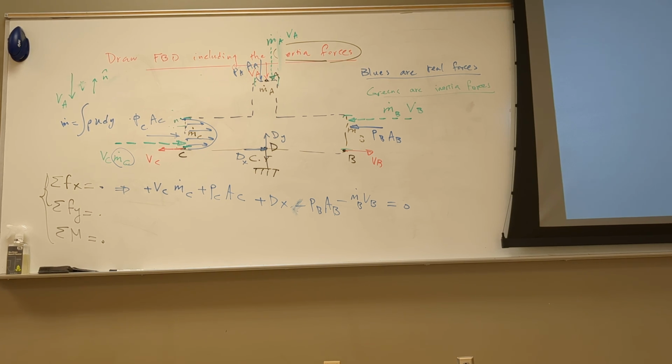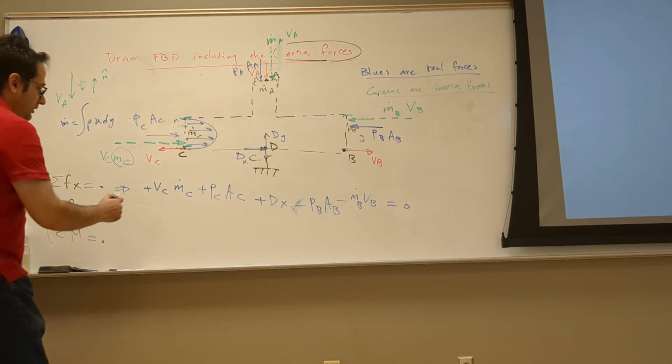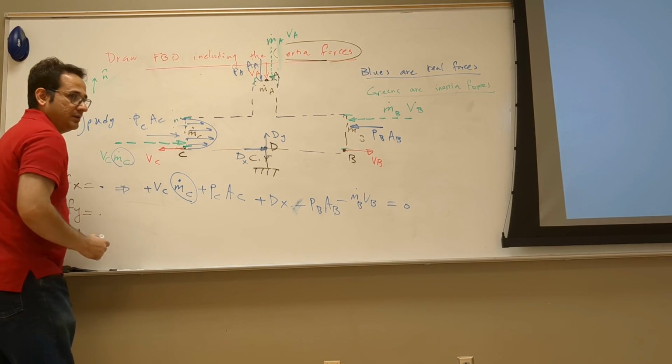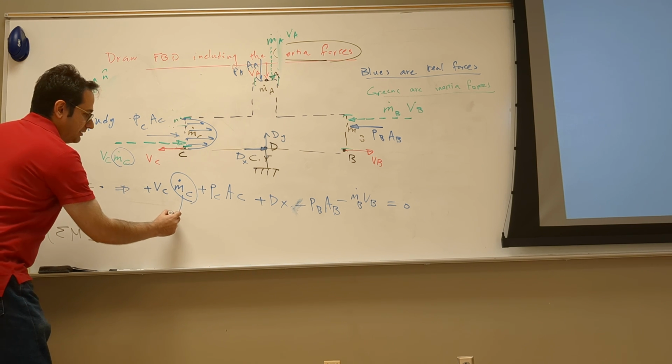Professor? Yes. Now, we do the m dot C VC or the m dot B VB. Do we not include the normal velocity? It's right here. Okay, so can you tell me what's m dot C?